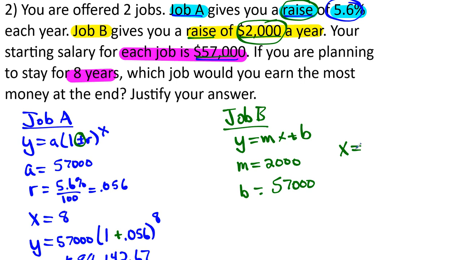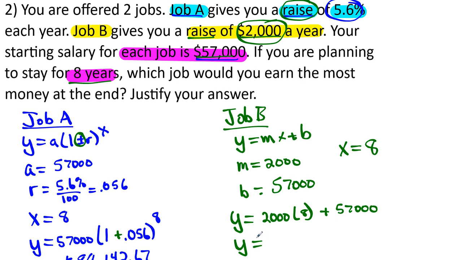And the X is the same thing, we're looking at both after 8 years. Plug this in: 2,000 times 8 plus 57,000. Y equals, use your calculator, or just wait for me, because if you don't think you need your calculator, I won't let you use it for the test. And we get $73,000 flat.